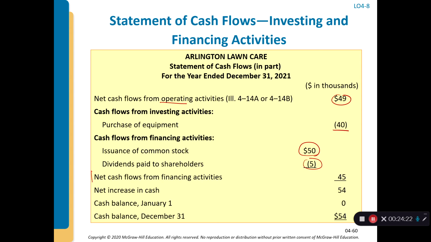The net cash flow from financing activity is 45,000. So the net increase in cash is adding these three numbers together. So you're getting 54,000. And since the beginning of the period was zero cash, the ending cash balance should equal 54,000, and this should equal the balance sheet cash balance. Okay, this should be the same.